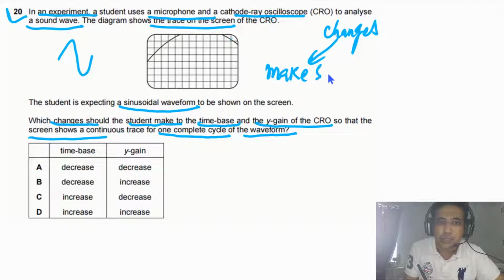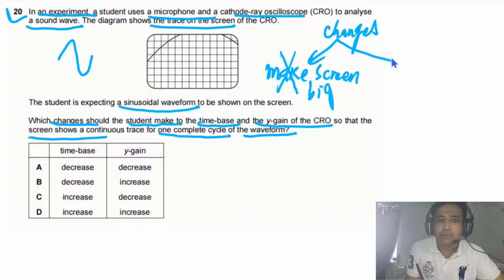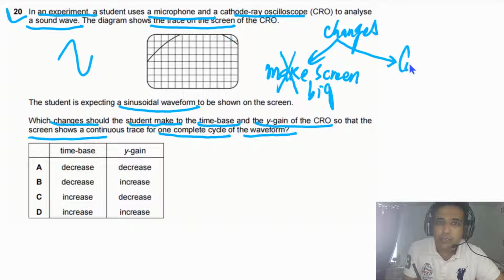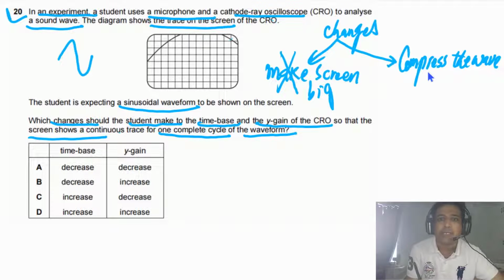So this is one thing we can do, but this is practically not possible. The second thing we can do is we can compress the wave. So if we compress, we have to increase the time base.